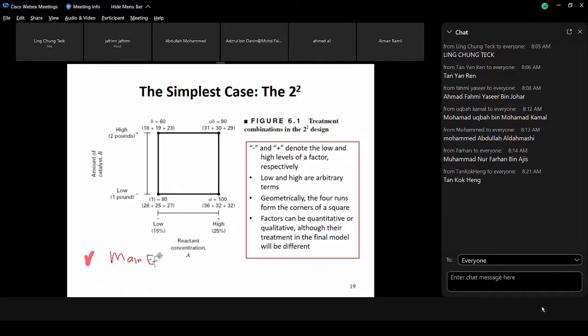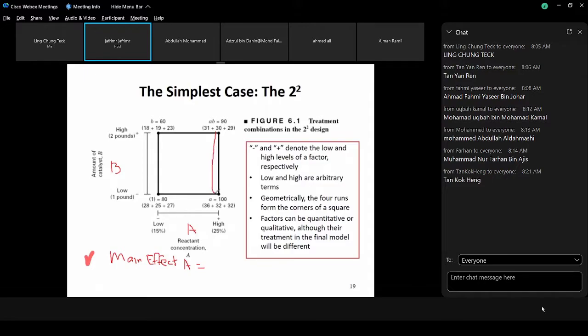Because here, main effects of A is equal to, you look at factor A; this is A, this is B. If you want to calculate the effects of A, look at A at high level. A at high level is here.